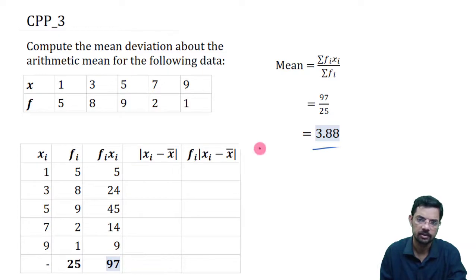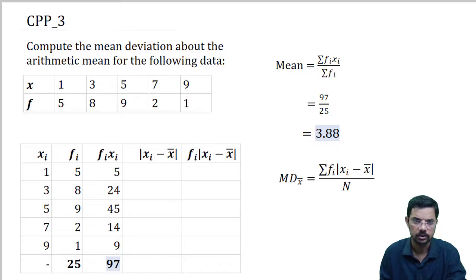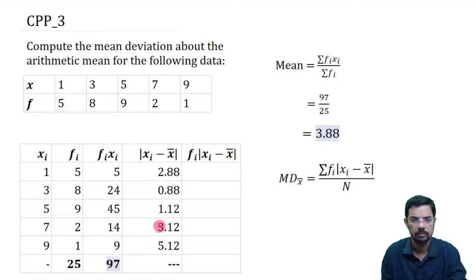Now we need to subtract the mean from each observation and take its absolute value, because we need to find the mean deviation about x bar. So the absolute deviations are like this. Then we multiply them with the frequency, to get fi into modulus of xi minus x bar.